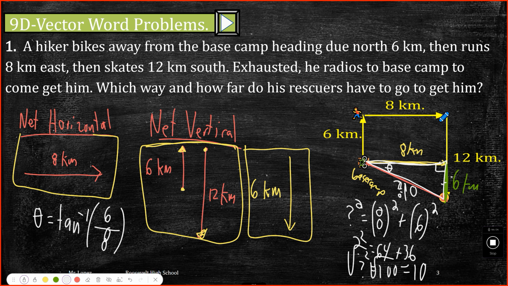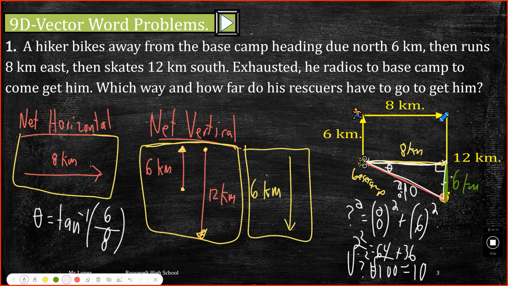So get your calculators. What's tangent inverse of 6 over 8 in degrees? 6 divided by 8. It says about what? Let's round to a whole number. What would it be? 37.